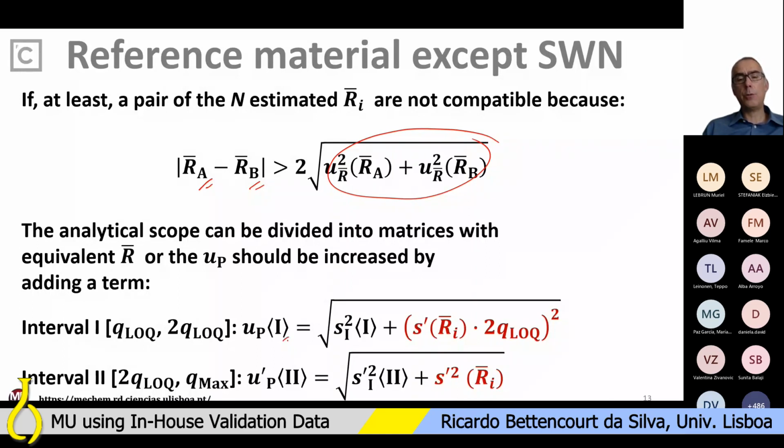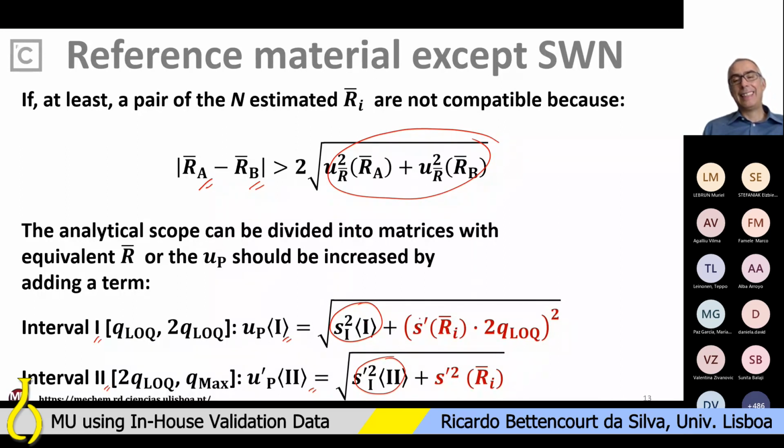Typically you do that at the precision component, by adding to the intermediate precision standard deviation or relative standard deviation, depending on the interval that you use for your assessment.